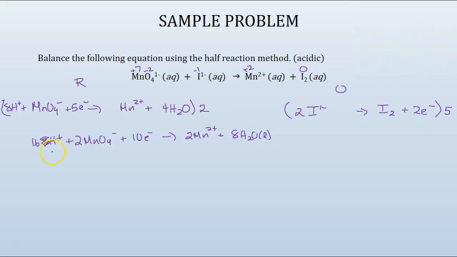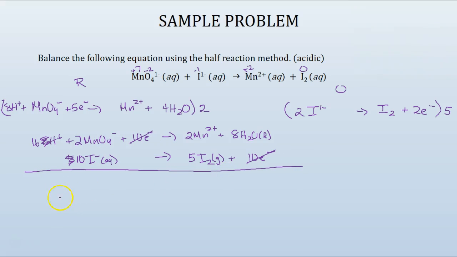And over here we get 10 iodide, sorry, I keep forgetting to multiply, yielding 5 I2 gas plus 10 electrons. So now the electrons cancel out, nothing else does, so now we write what we see.